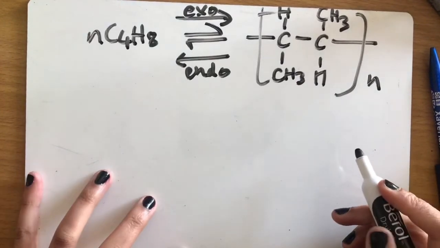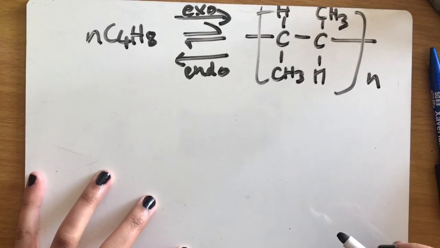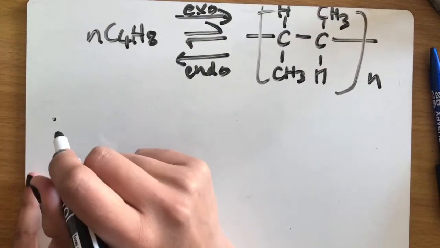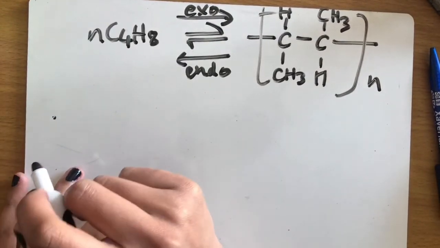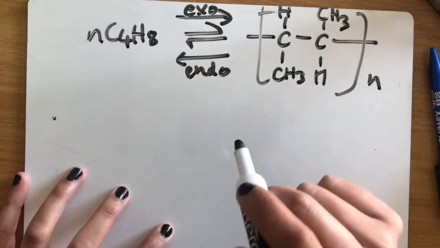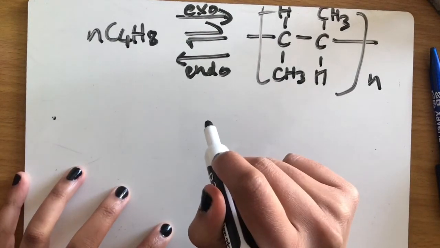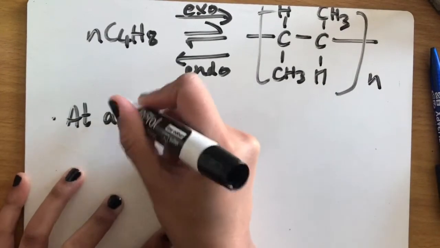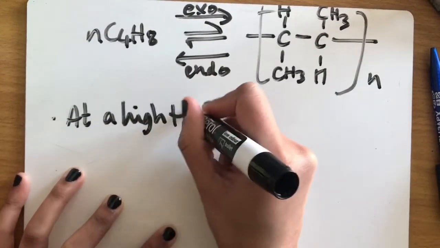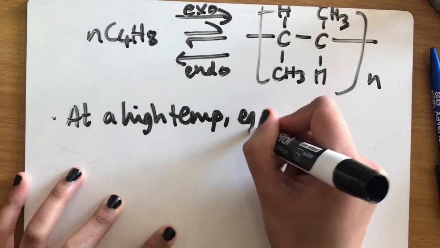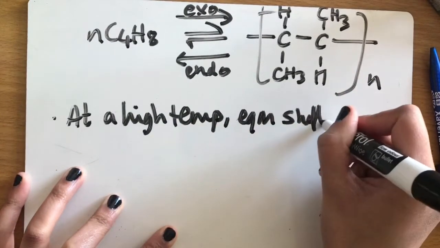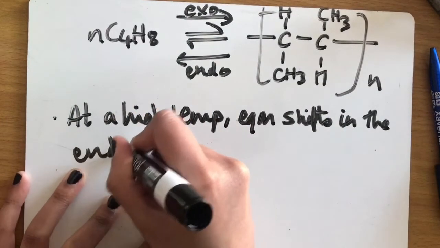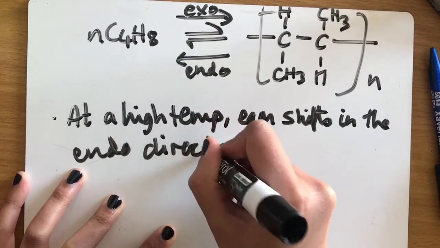So for this question, it wants you to basically state that point 1, at a higher temperature, so if we increase the temperature, equilibrium is going to shift to the endothermic direction. Okay, so at a high temperature, equilibrium shifts in the endothermic direction.